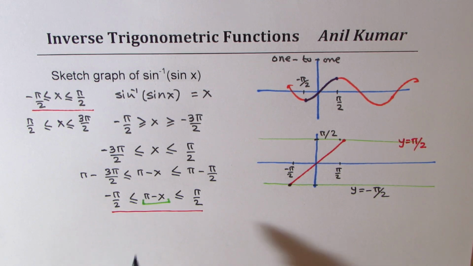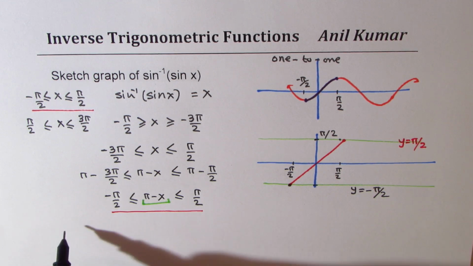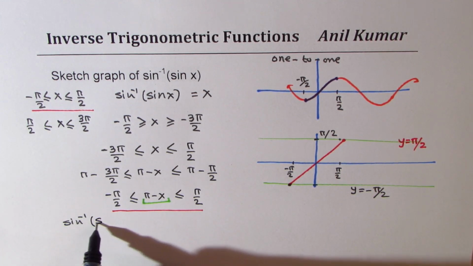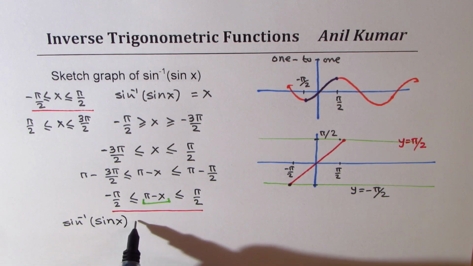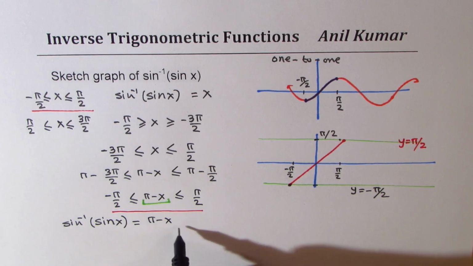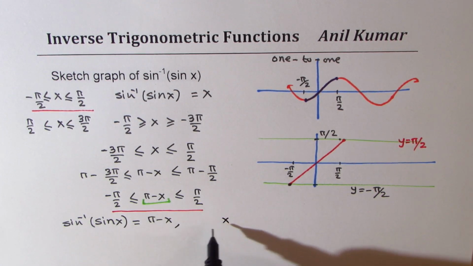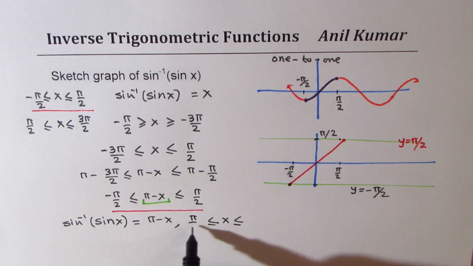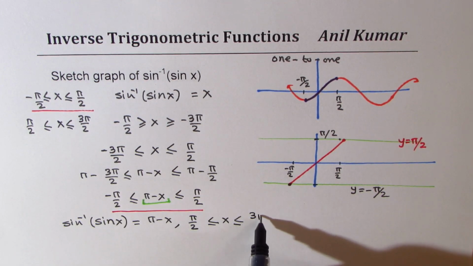You get an idea. So within this interval, sine inverse of sine x will be equal to pi minus x, not x, when x is between pi by 2 to 3 pi by 2.